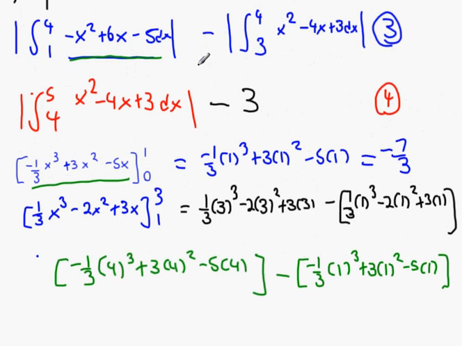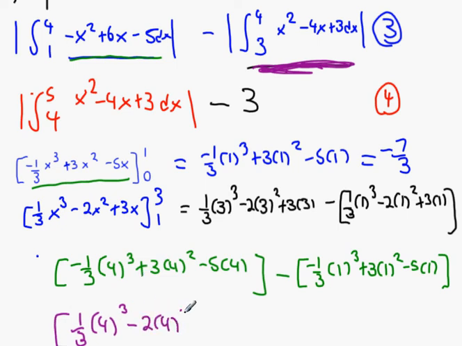This is part 3. And now I'm going to do this one here. I'll try and do it in purple, so we can keep track of where it is. This one here is going to be a third 4 cubed minus 2 times 4 squared. So do you see what I'm doing? I'm reusing the work, just using different limits, because they're all the same integrals anyway.